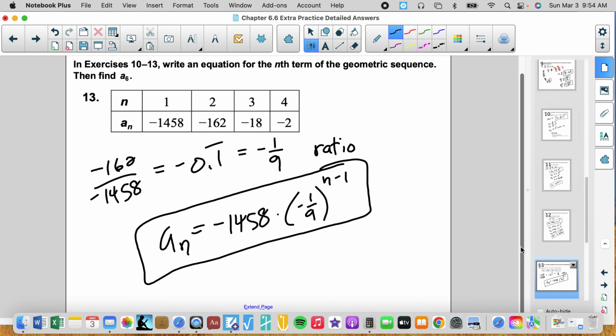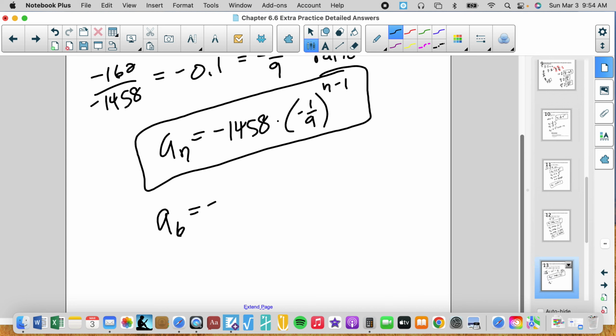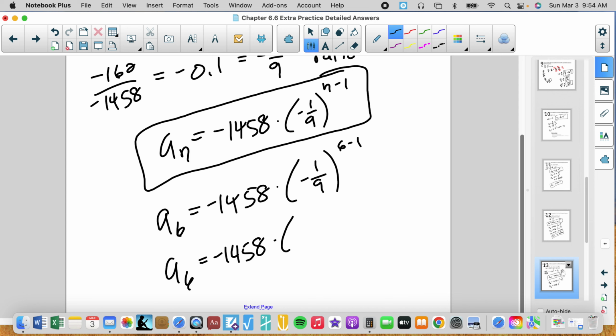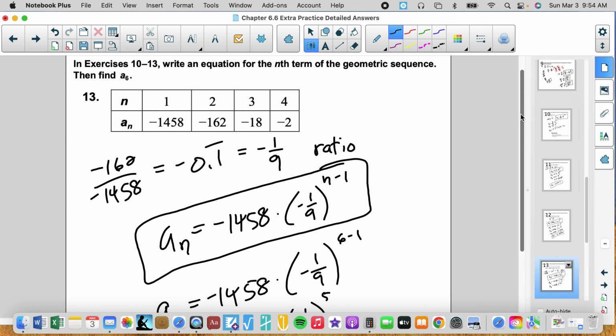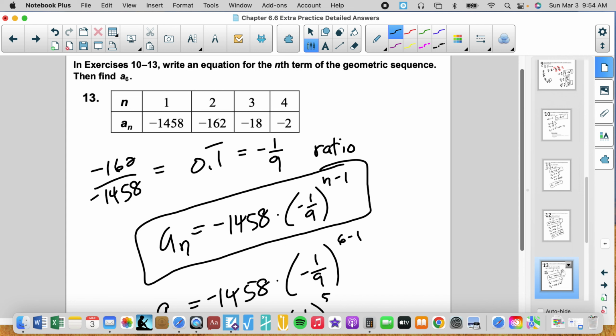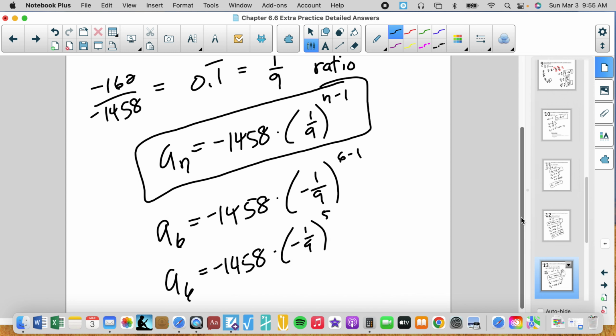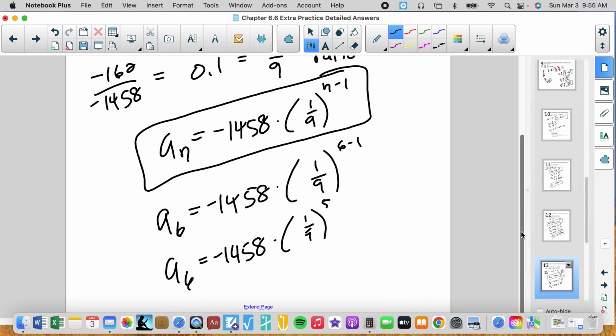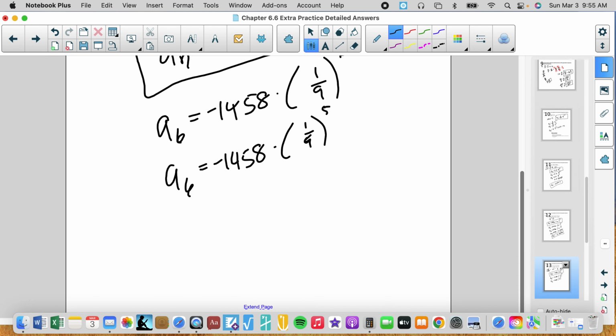And a to the 6 equals negative 1,458 times negative 1/9 to the 6 minus 1, which is the 5th. That's not negative, that's positive. Sorry. I was thinking, if we have a negative to an even power, then that would cancel. And I was thinking, oh, odd, that's going to end up negative. But that was wrong. It is 1/9.